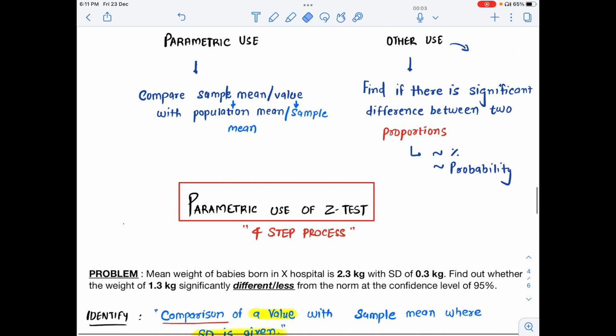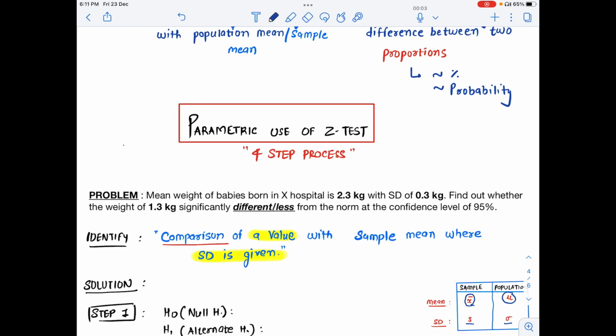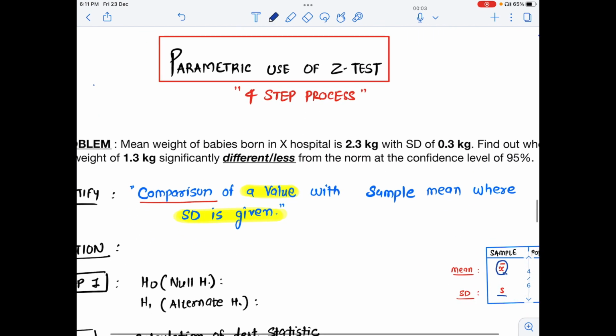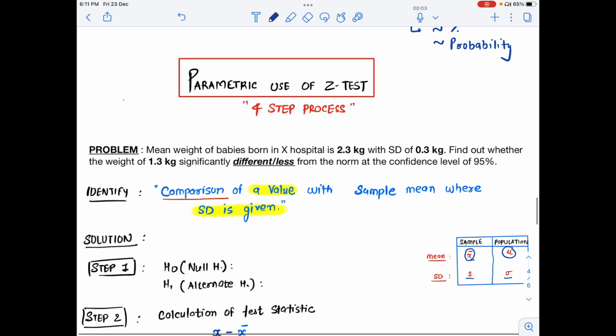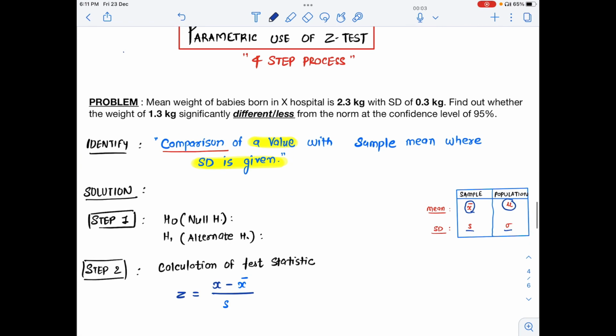Now, the parametric use of the z-test. We have a 4-step process that we will understand by way of an example problem. The mean weight of babies born in X hospital is 2.3 kg with a standard deviation of 0.3 kg. Now find out whether the weight of a 1.3 kg baby is significantly different or less.